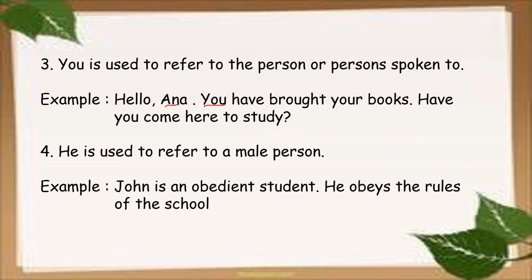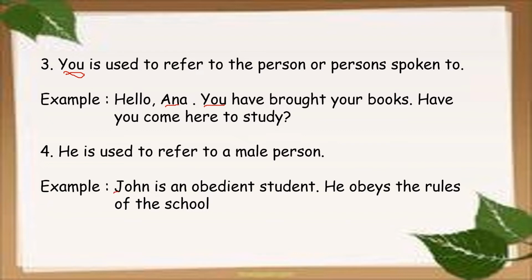Number 4. So we're talking about the use of the pronoun he. He is used to refer to a male person. Example, John is an obedient student. He obeys the rules of the school.